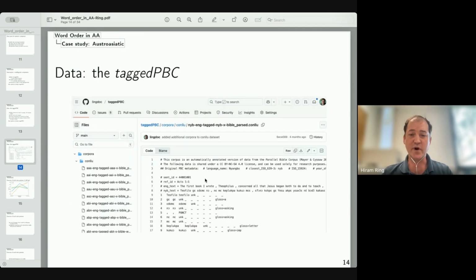This is what the data looks like. It's annotated in this format, so you have word level annotation, but you can see that there's a lot of actual missing data, and there's some automatic transfer of glossing and part of speech, but it's not as precise as I'd like it to be for all languages.